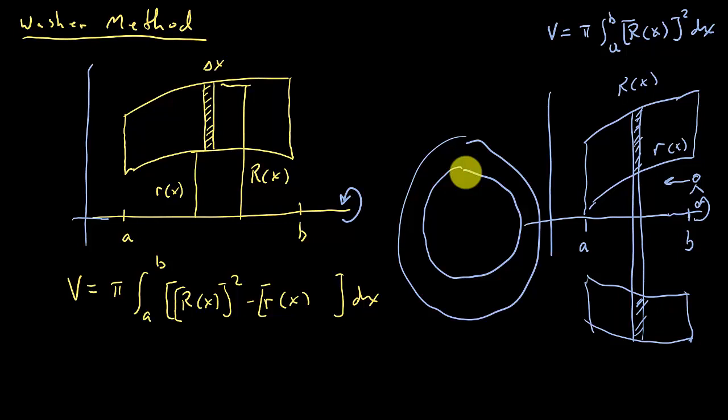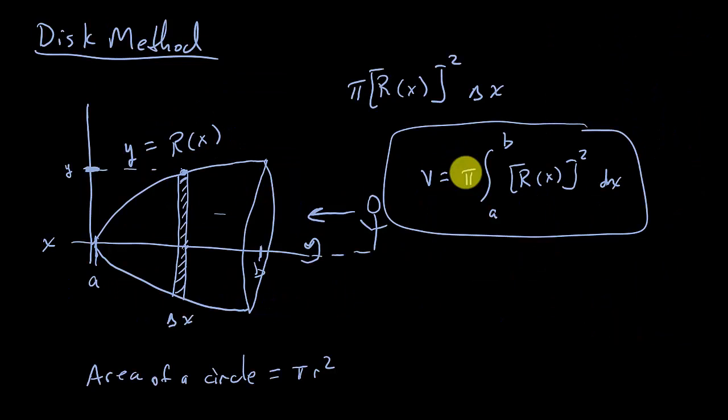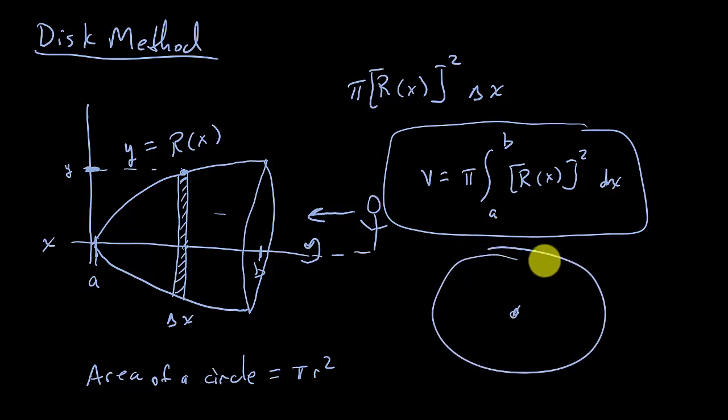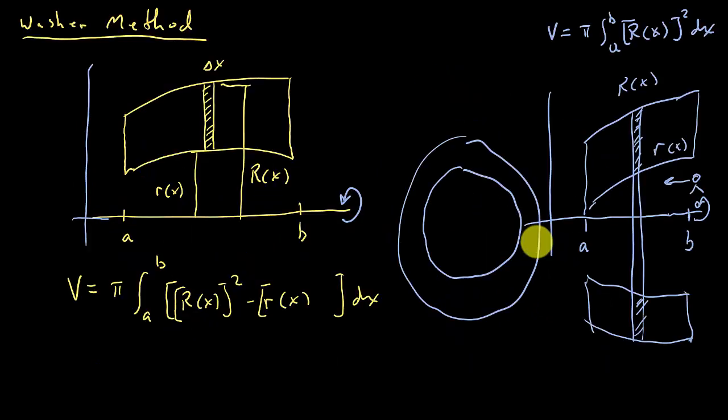Okay, but if you remember what we did with the disk method, we had the circle, that was big R of X, the radius. We had to find the area of that circle and multiply it times the thickness to get the volume. Okay, so now if we come here, it's the same thing. We've got to get the area of this thing and multiply it times the thickness.